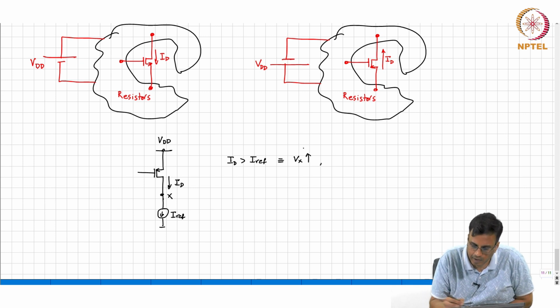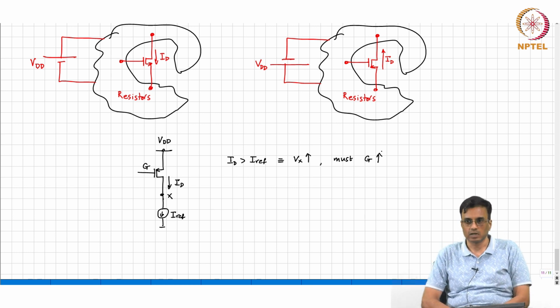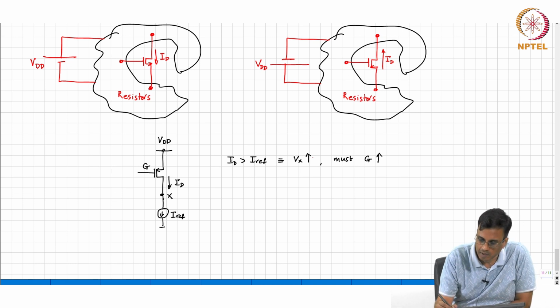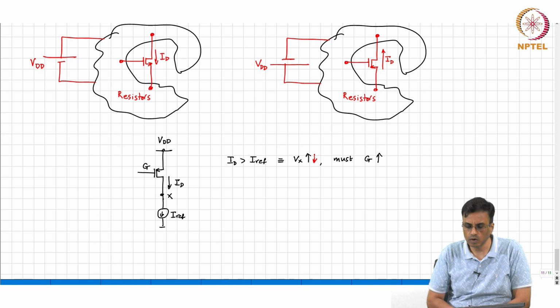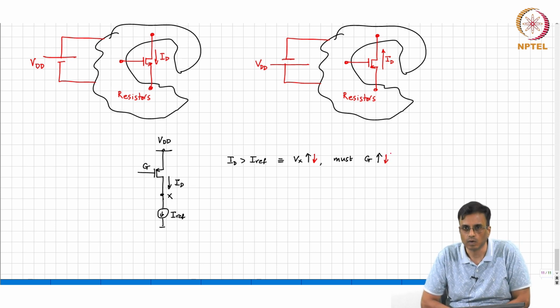So if Vx goes up, you must increase the gate potential, correct. And so if Vx goes down, G also must go down. Okay. So what should you do now?